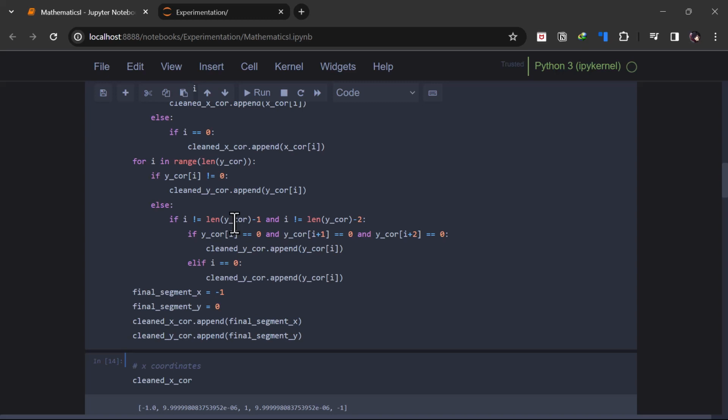So the length of my y coordinate minus 1 will give me the index; the length itself might not even be an index.